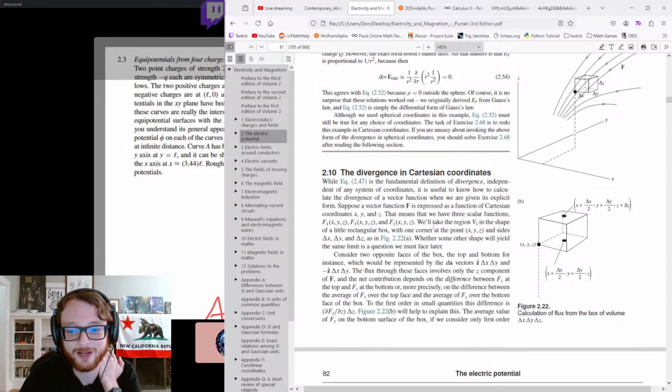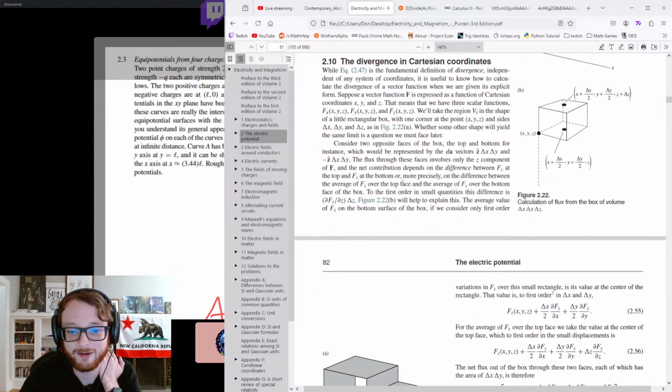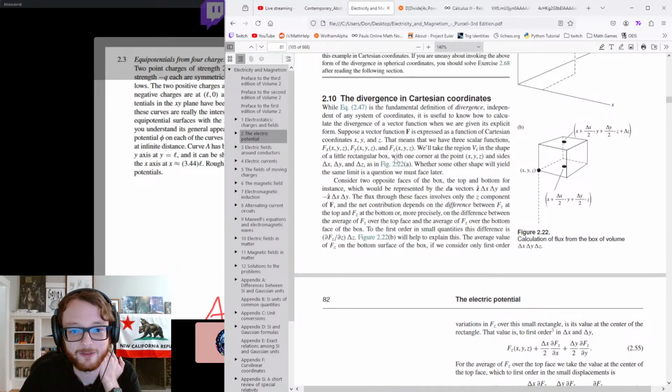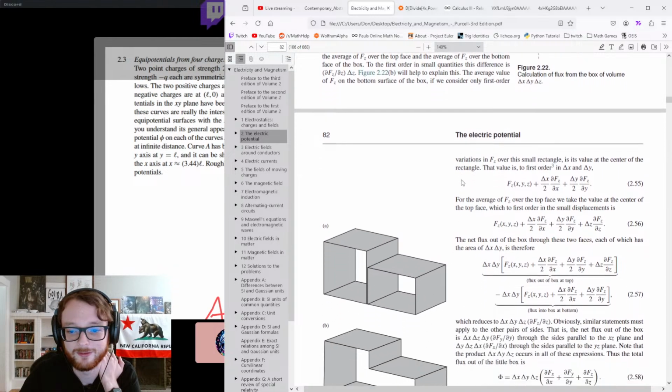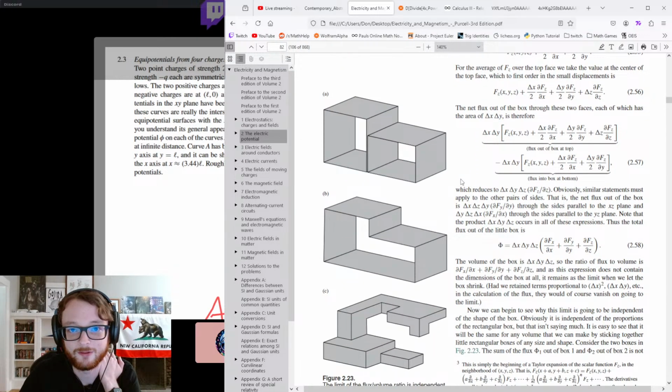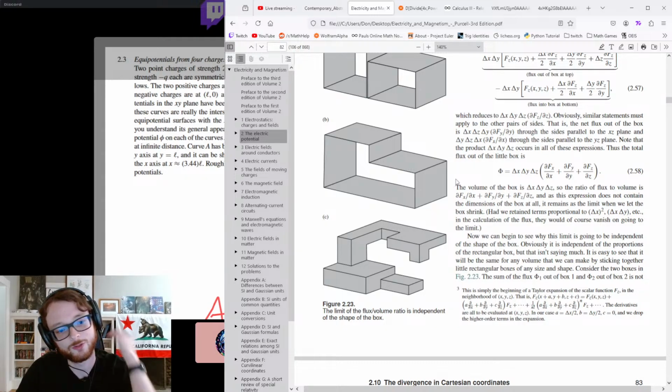But their explanation for divergence, I liked. Apparently they want to derive it in Cartesian coordinates as part of the chapter, but they describe it as just the net flux into or out of a unit volume, for any little piece of volume you want to choose.